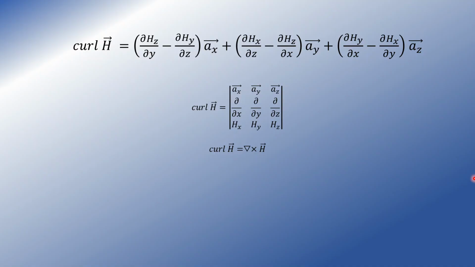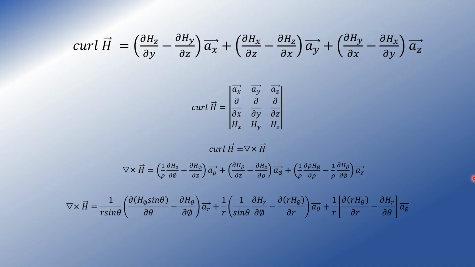So curl is represented mathematically by this. Now this is the expression for the curl in the cylindrical coordinate system, and next we shall see the expression for the curl in the spherical coordinate system.